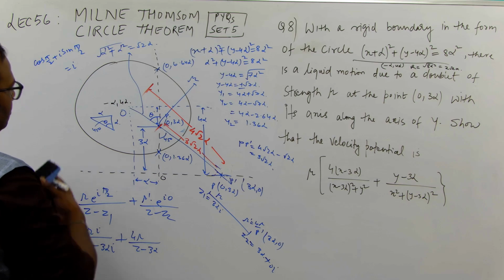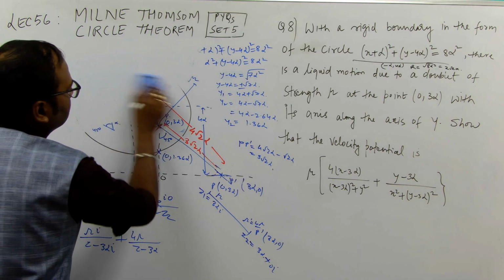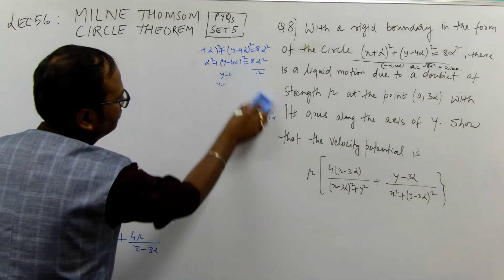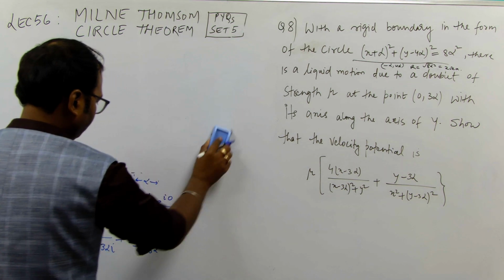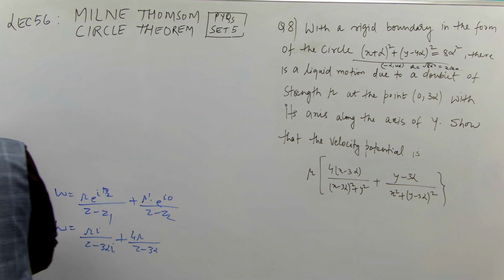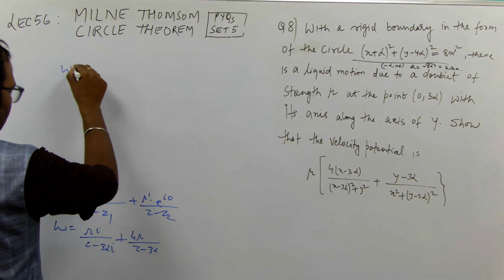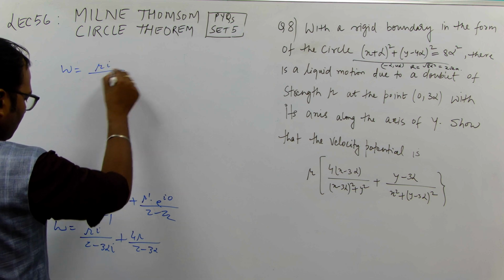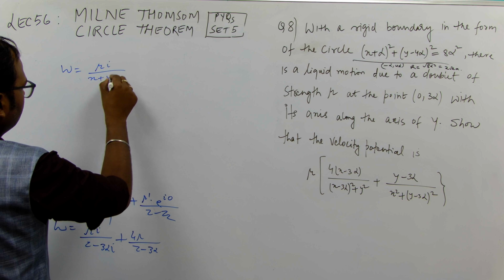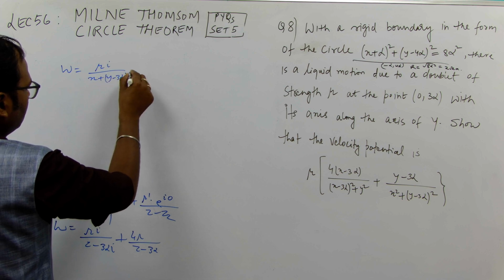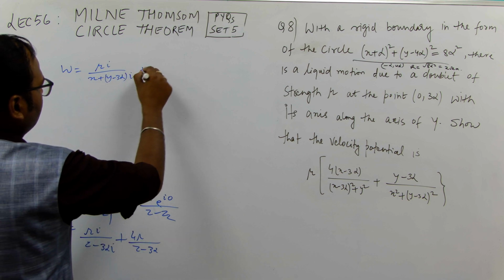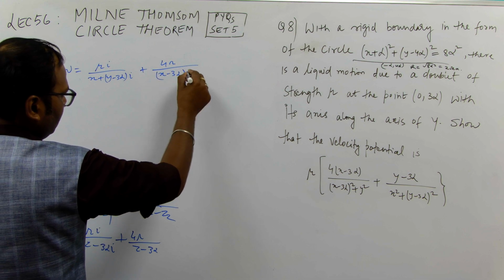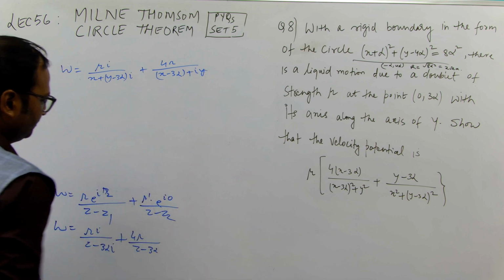W is equal to mu I upon x plus I y minus 3 alpha I, plus 4 mu upon x minus 3 alpha plus I into y.